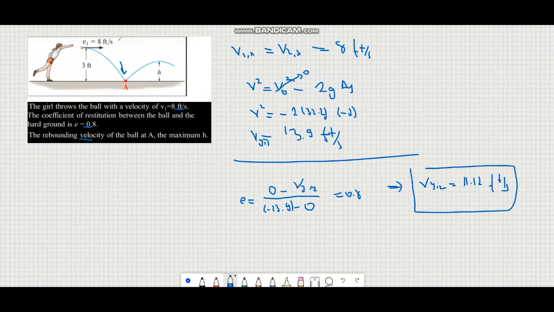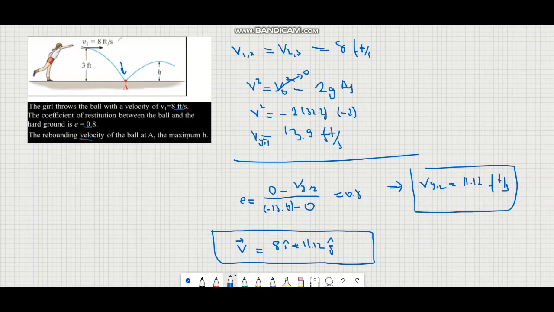So after the collision we see the second velocity in y direction component is 11.12 feet per second. So the final velocity of this ball in vector quantity is 8i plus 11.12j. So this is our final velocity of the ball.